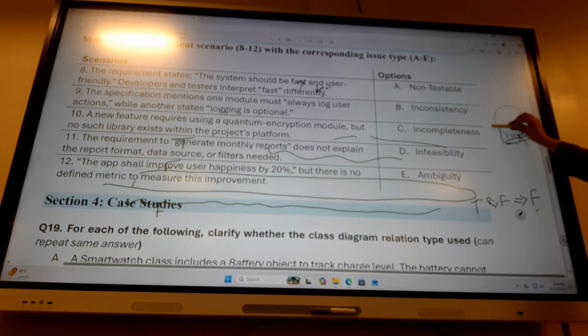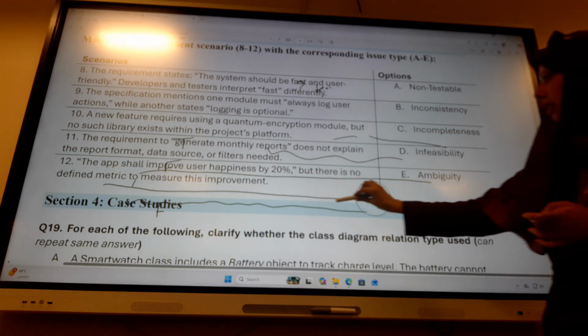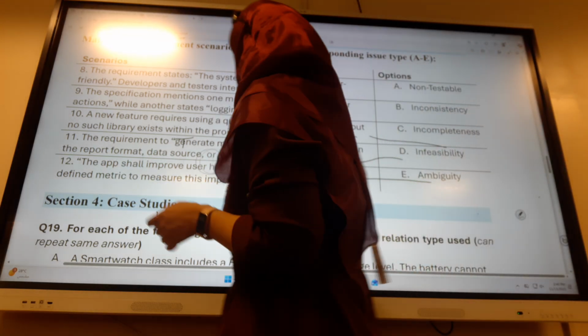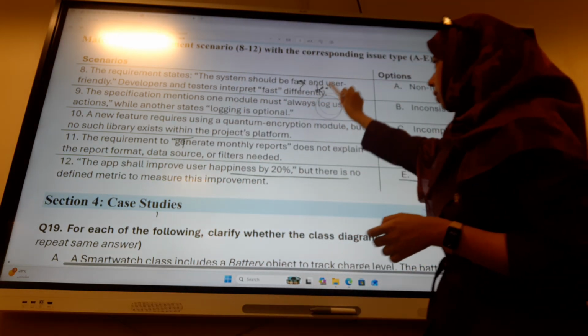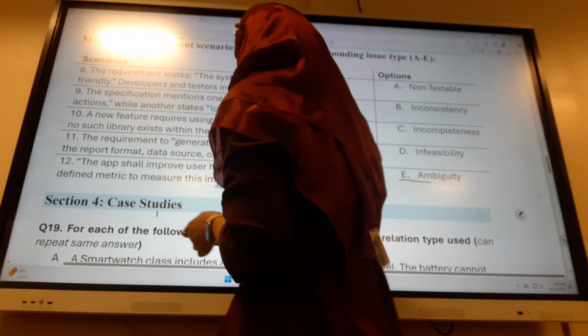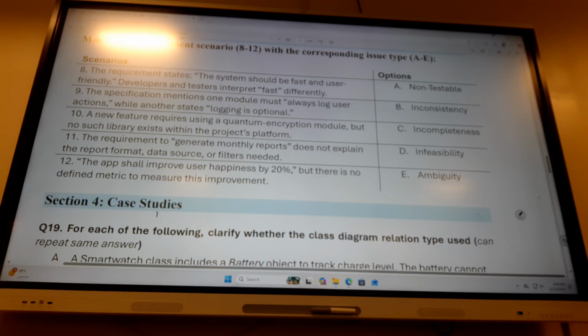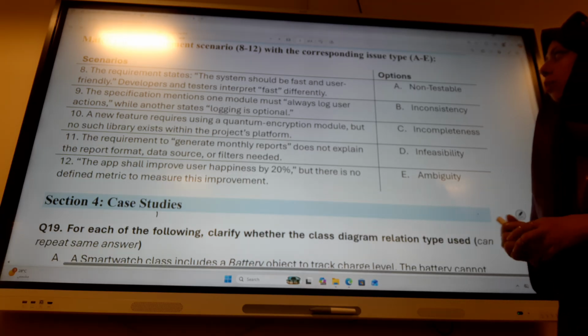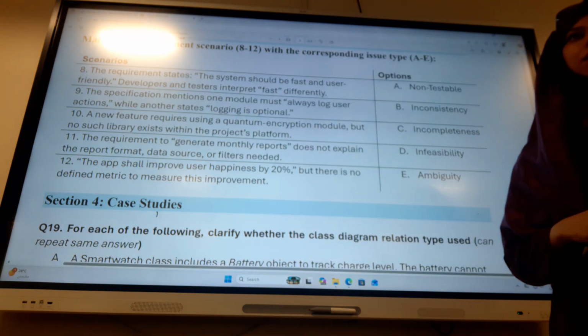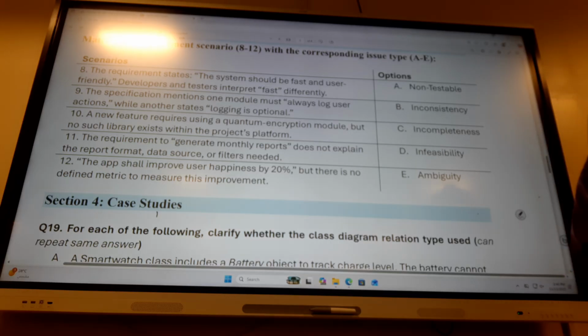I'm giving you here 5 issues, and right here I'm giving you 5 scenarios, asking you to map each of them to the right issue. First one: the requirement states the system should be fast and user-friendly. Which one here is indicated? It's ambiguity. Again, we explained this.